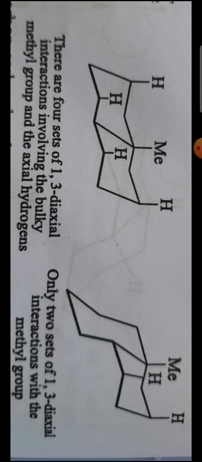In case of substituted decalin, the substituent located at the fusion point of the two rings is axial with respect to one ring and equatorial with respect to the other ring in cis decalin.